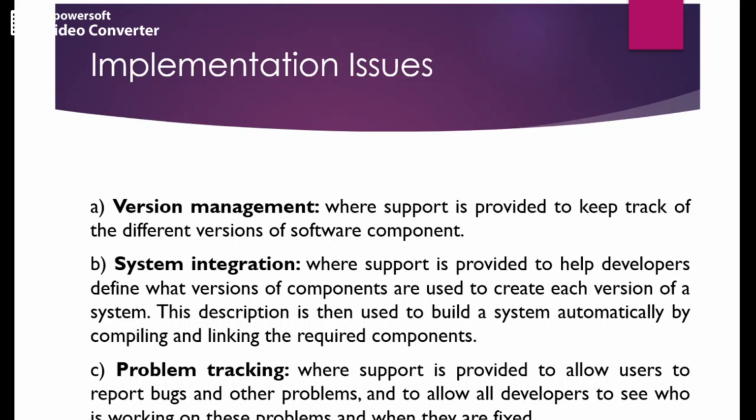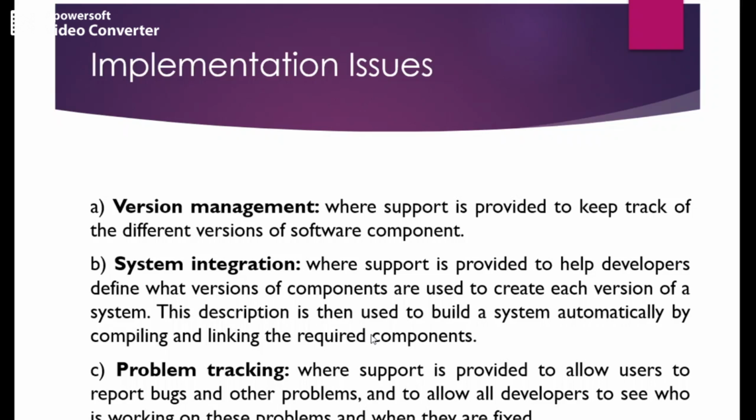So to run their code, for that purpose you should make the versions of the components available to them so that they can use it. This description is then used to build a system automatically by compiling and linking the required components.